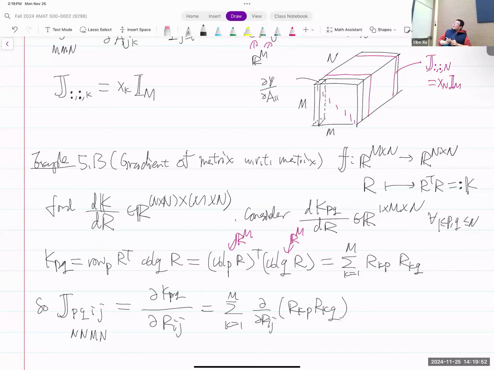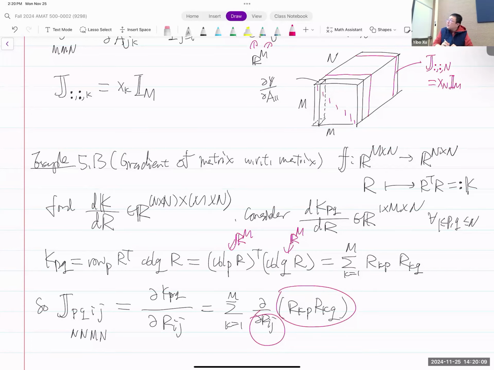What can we say about the sum? Remember, R_IJ is the element at the ith row, jth entry. For the terms, the index k goes from 1 through m.